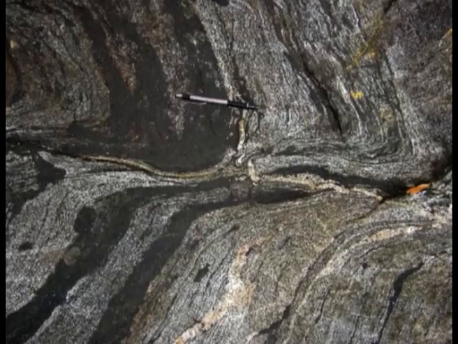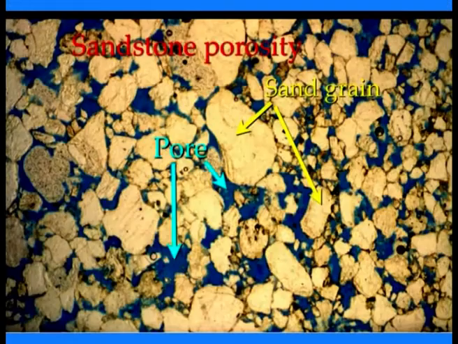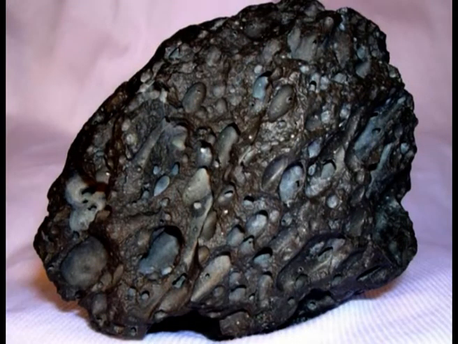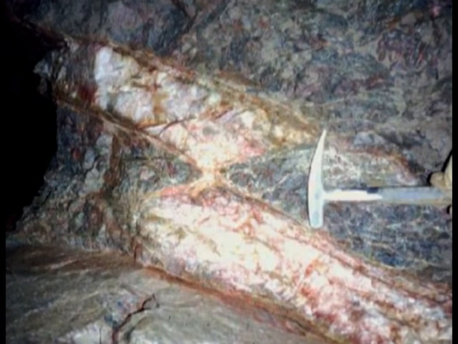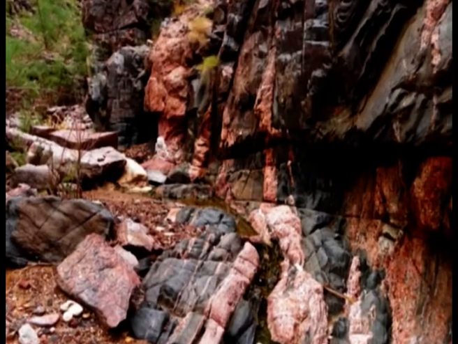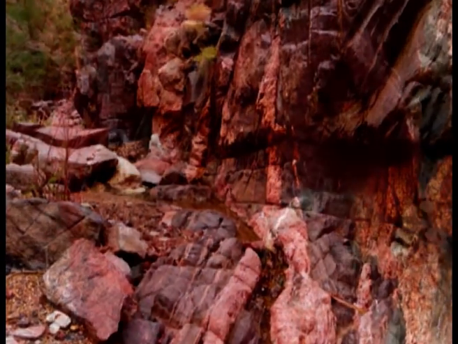The country rock, which may be of any origin, is seldom without openings. These openings or cavities may be a depositional feature like pores of a sandstone or vesicles of a volcanic rock, or might have been produced in the rock due to tectonic activity or other factors after the formation of rock.